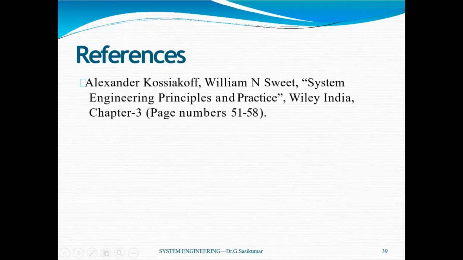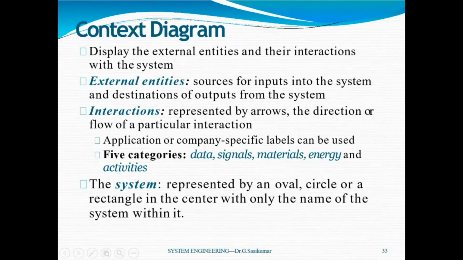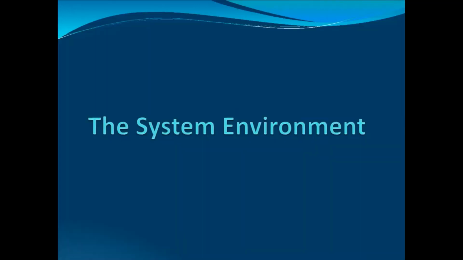For further reading, you can verify Systems Engineering Principles and Practice, chapter 3, pages 51 to 58. So please go and refine how this environment is very necessary for creating a good system.